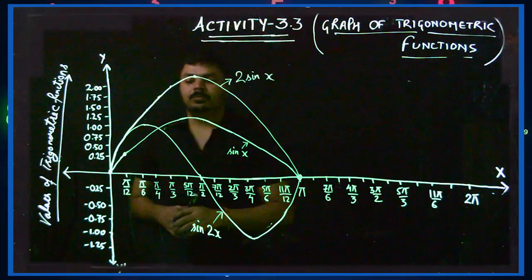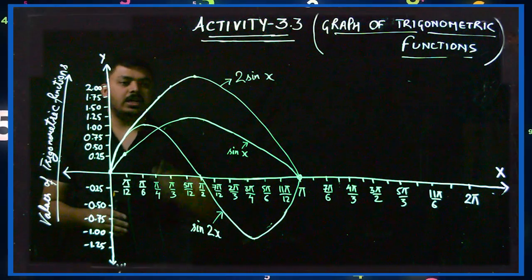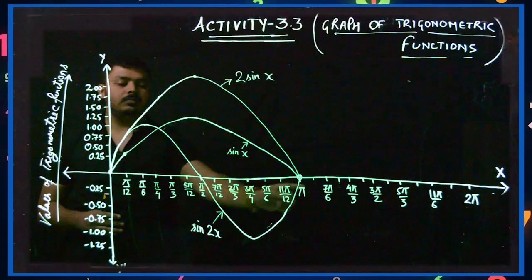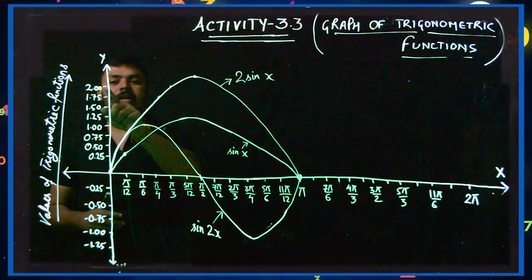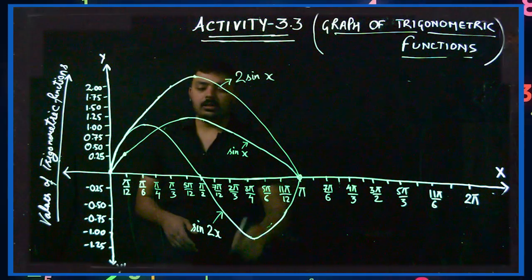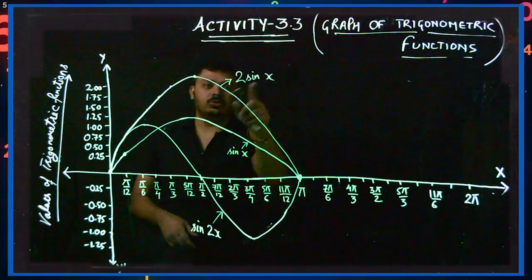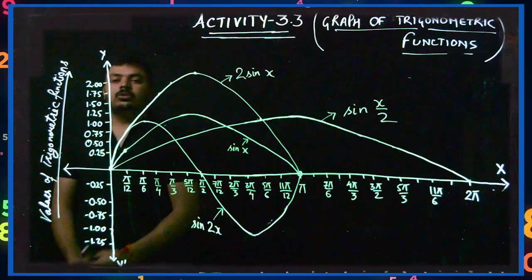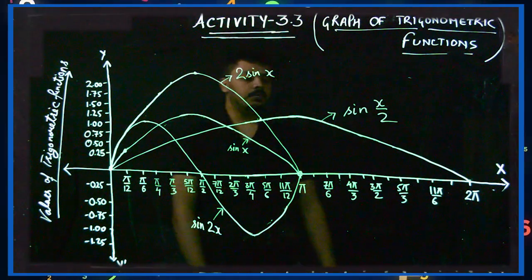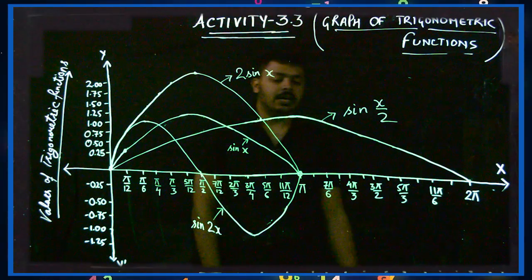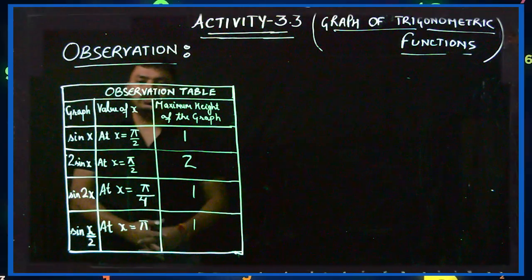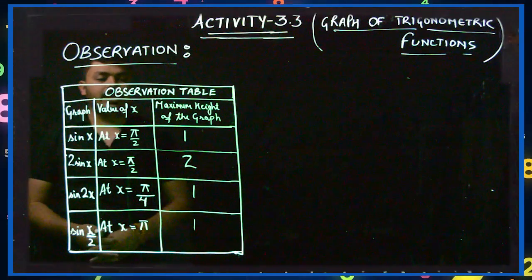As you can see here, the 2 sin x curve goes to a maximum height of 2, and at pi the value of 2 sin x is 0. So this is the curve obtained for sin x by 2, which is 0 at 2 pi and maximum at pi, that is 1.